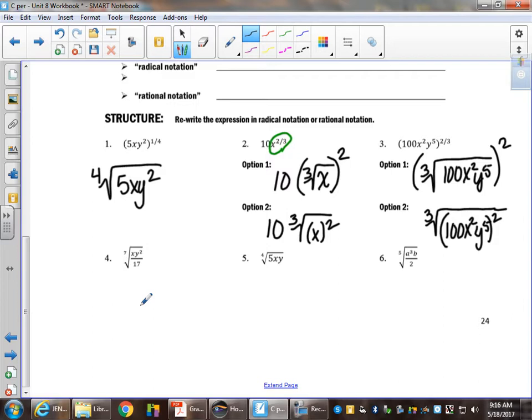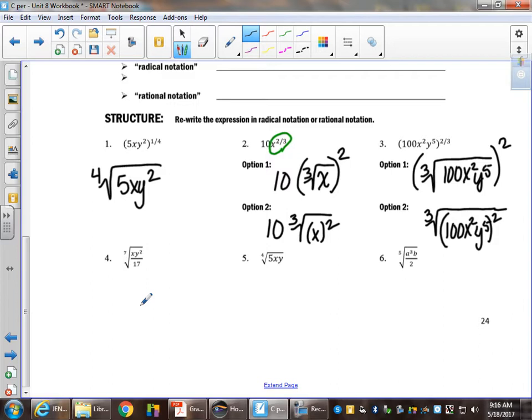Anyone from the right side? 7th root is associated with what power? Raising to the what? 1/7. Not a trick question. 1/7. Say it with confidence.